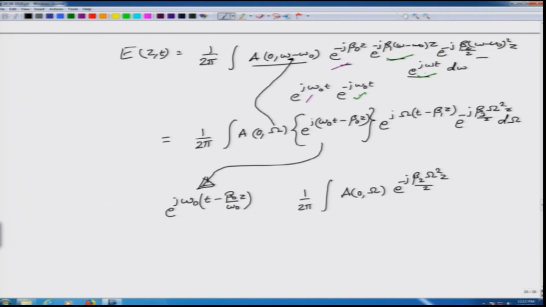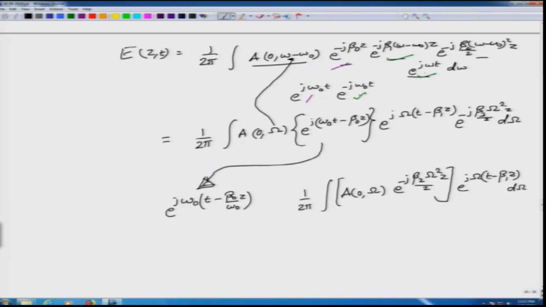Sorry, I forgot the z here. This term I will combine into a_1. Of course, if someone gives me the pulse spectrum, then I will know what to do with this expression, but until then I do not know what it is. But I have e to the power j(omega t minus beta_1 z), integration with respect to omega.